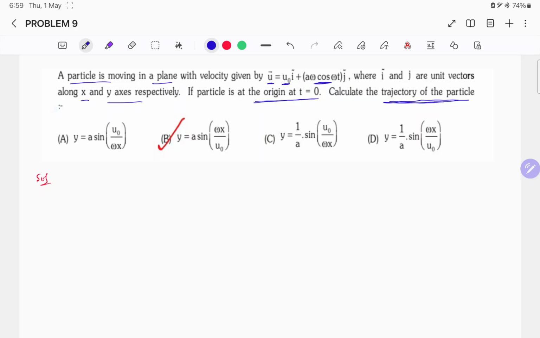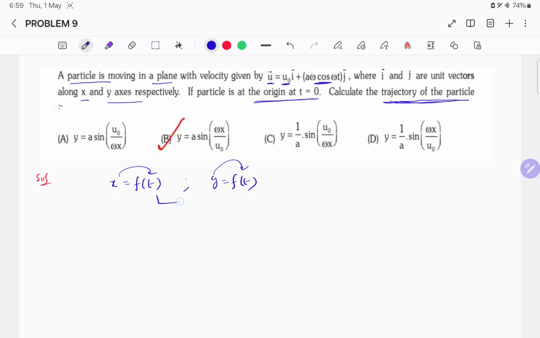Okay, they are asking us to calculate the trajectory equation, and obviously option B is supposed to be the right answer. So the procedure of calculating the trajectory equation is, one must have the x coordinate and y coordinate of the projectile or particle as functions of time.